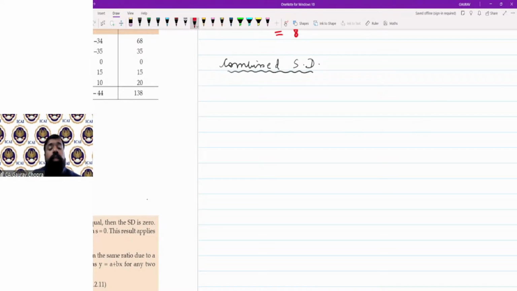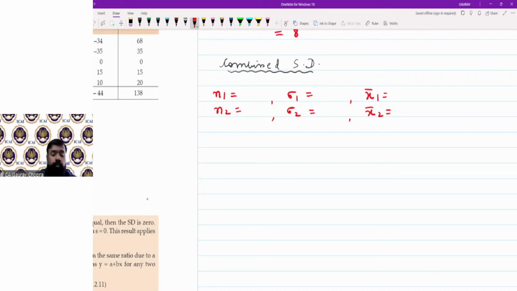To find out this combined standard deviation, what we require is the number of observations in group 1 and group 2. Then we require standard deviation 1 and standard deviation 2, also x bar 1 and x bar 2, that is arithmetic mean. All these figures are normally given to find out the combined standard deviation.